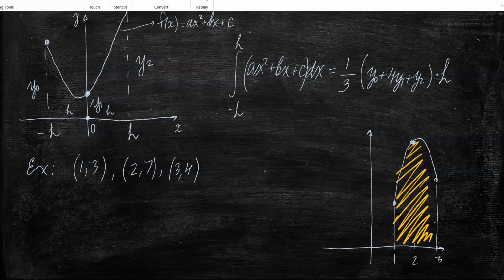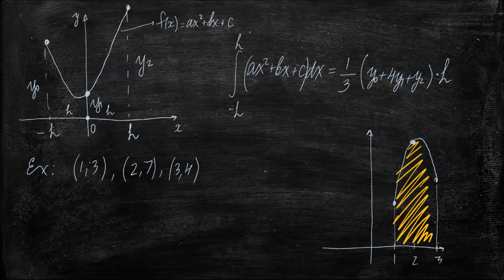Well, we actually have the formula for it. According to the formula, the area is equal to 1/3. Then we're going to take the y0. So y0 is 3 plus 4 times y1. y1 is right here.